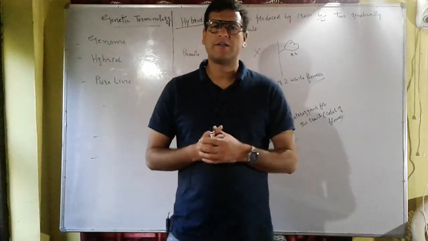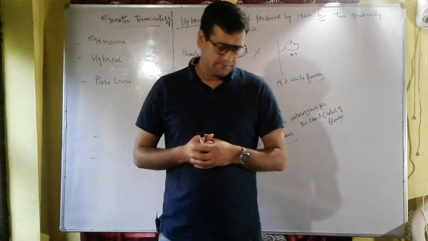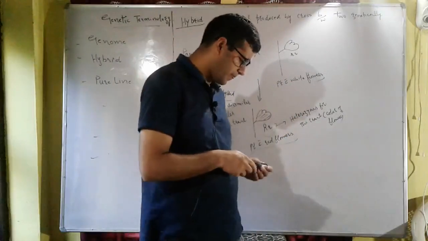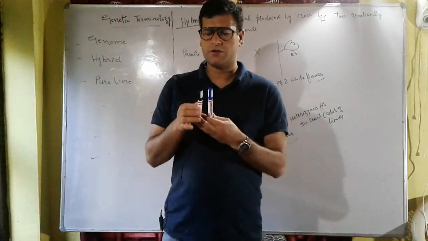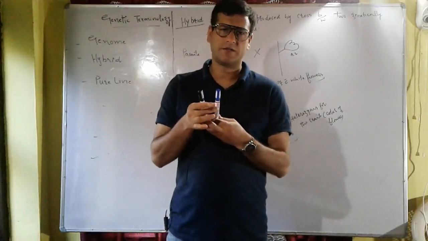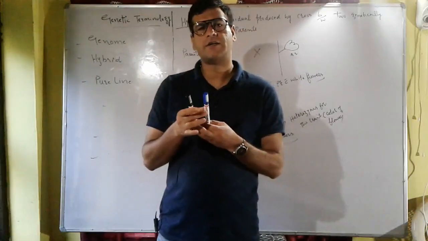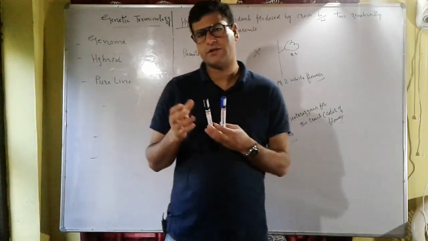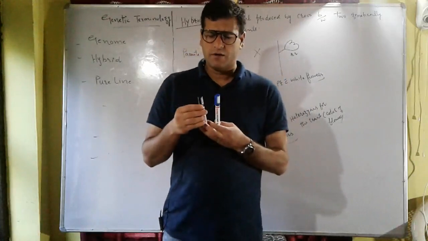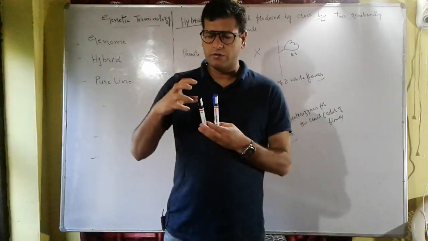Why is this hybridization technique done? For example, we have two plants. This is one plant, this is another plant. These are genetically different. They belong to the same species, but they are genetically different. Now what do we want?